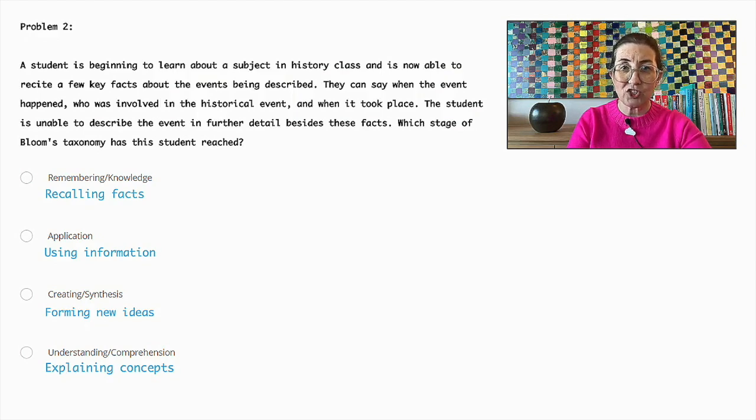Understanding comprehension involves explaining ideas or concepts in detail, which the student is not able to do. Remembering knowledge involves recalling facts and basic concepts, which matches the student's ability to recite key facts. Therefore, the student has reached the remembering knowledge stage.